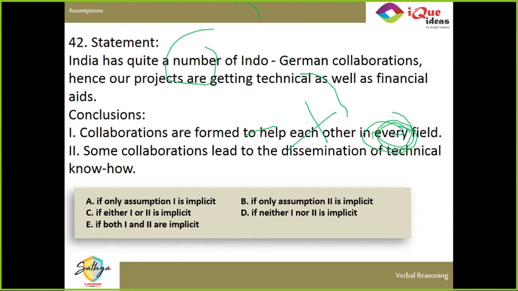It is because of the collaboration that technical know-how, technical knowledge, is spread. And that is the aid we are getting. So the second one is definitely there. So not one but two. Did you understand that? Not one but two.